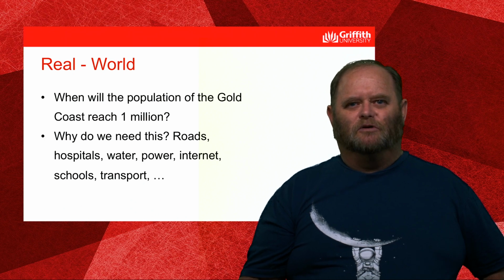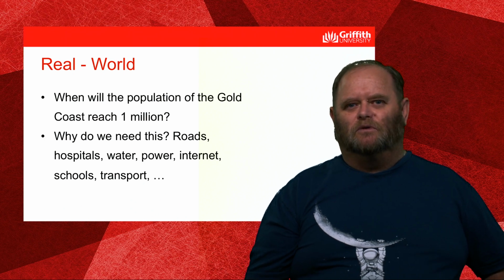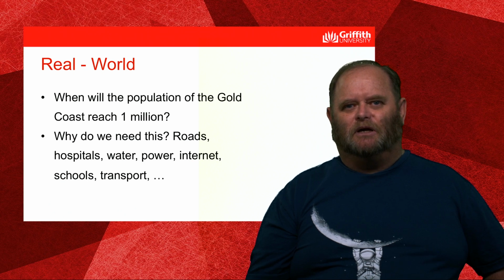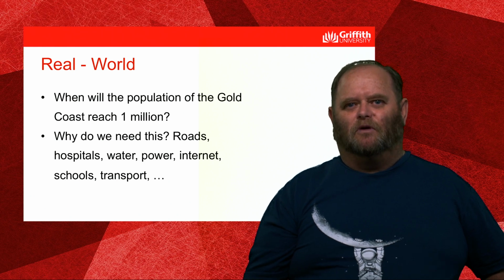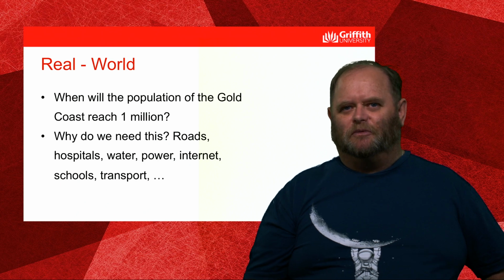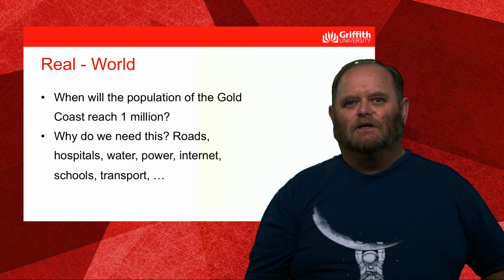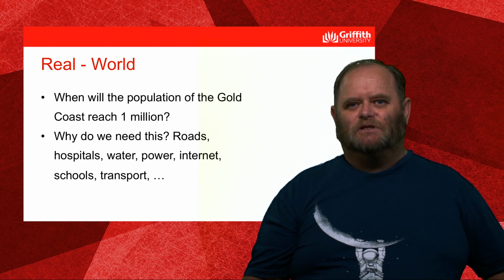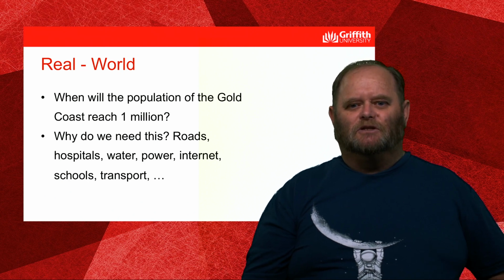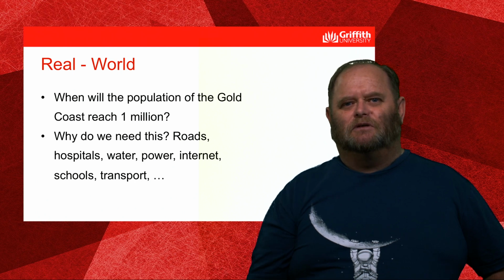So real world problems are things like, when will the Gold Coast reach a population of 1 million? Is that really a realistic question? Why do we need to know that? We need to know this because we need to build more hospitals, more schools, more roads. We need more water, more police, more teachers. And what are the implications of that? I thought that was a pretty good question.